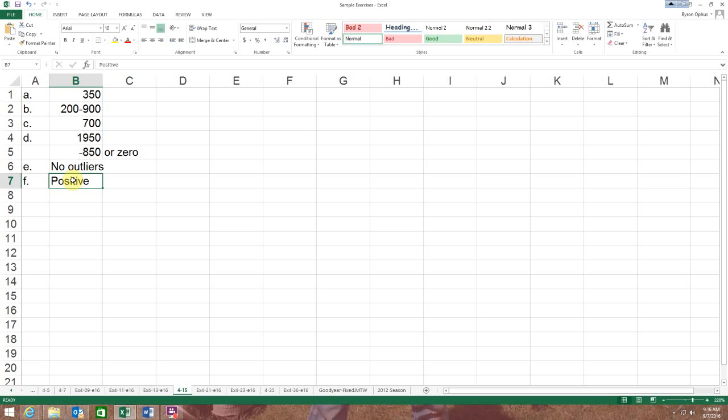For me anyhow, I have to imagine this box plot turning horizontal instead of vertical. When I do that, I see that the median is kind of to the left side of that interquartile range, and that's where the hump would be. So that would be positively skewed, and that would be my answer to that question.